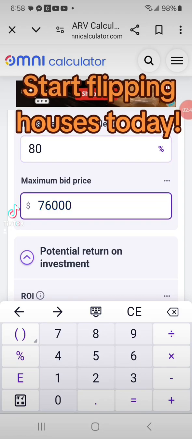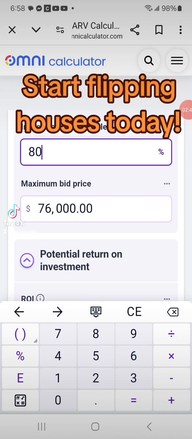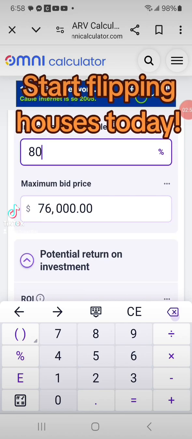So when you put the percentage here, again, it's better that you get the house at 70% off. If you get it at 70% off, you can only pay 64,000 for that house. You cannot go more than that.